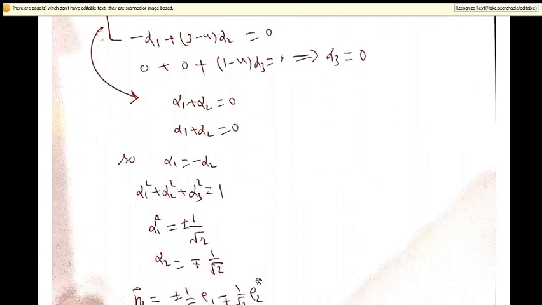So from the normalization again alpha 1 is equal to plus minus 1 over square root of 2, but alpha 2 is minus plus 1 over square root of 2. It means that if alpha 1 is positive, then alpha 2 will be negative, because they are equal but with opposite sign. So if alpha 1 is minus, then alpha 2 will be plus. That is why we are writing minus plus.